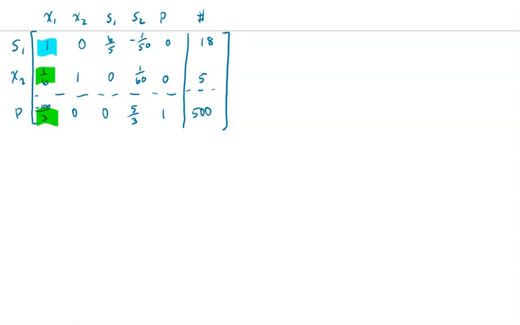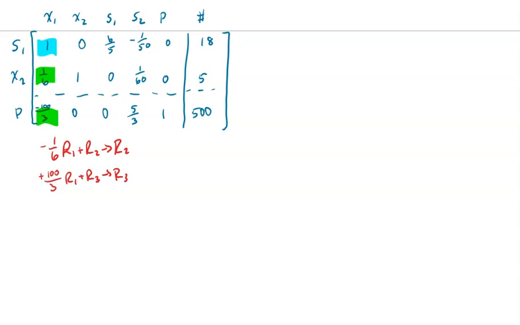The row operations for those would be negative 1/6 times row 1 plus row 2 replaces row 2, and then positive 100 over 3 times row 1 plus row 3 replaces row 3.